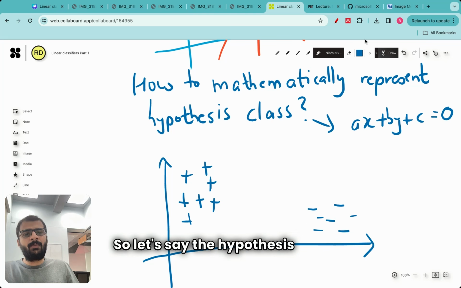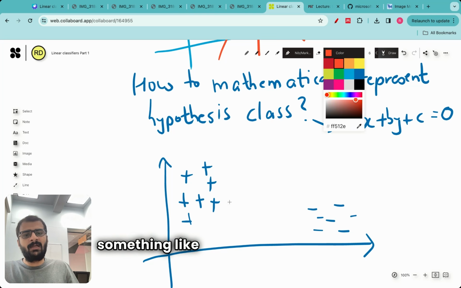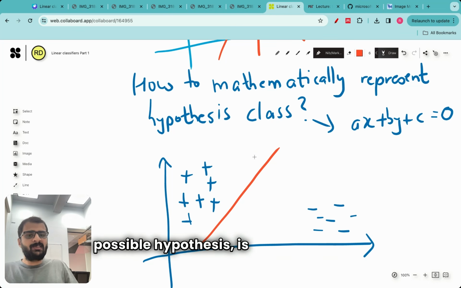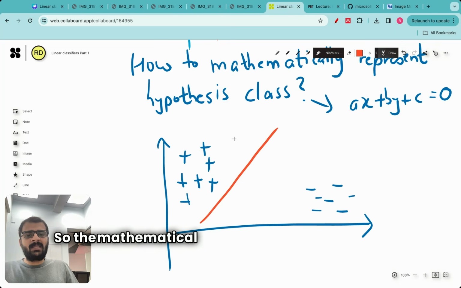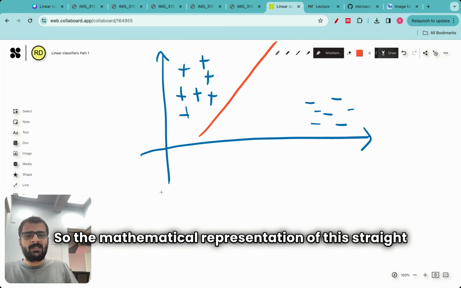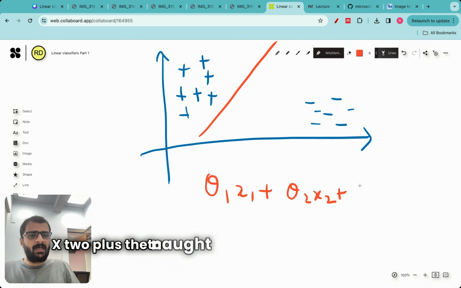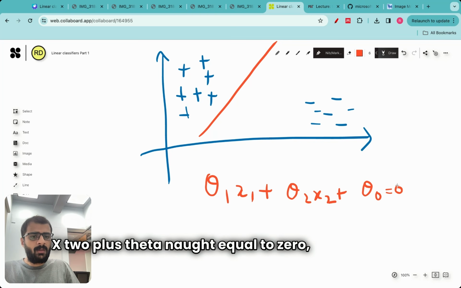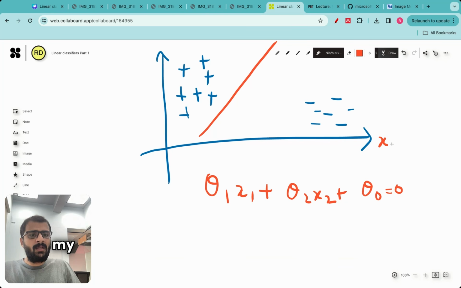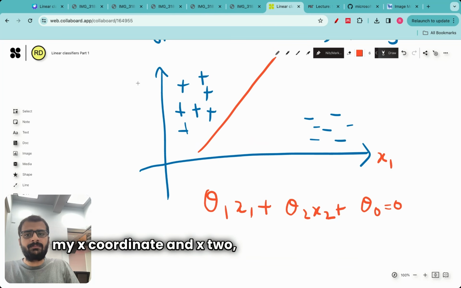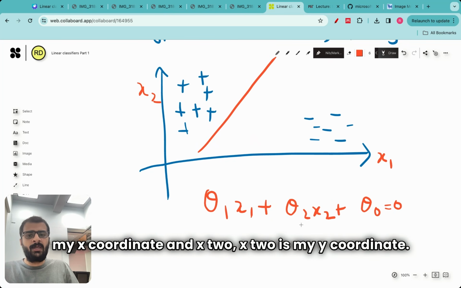So let's say the hypothesis class is something like this straight line, or one possible hypothesis is this straight line. The mathematical representation of this straight line is theta 1 x1 plus theta 2 x2 plus theta naught equal to 0, where x1 is my x coordinate and x2 is my y coordinate.